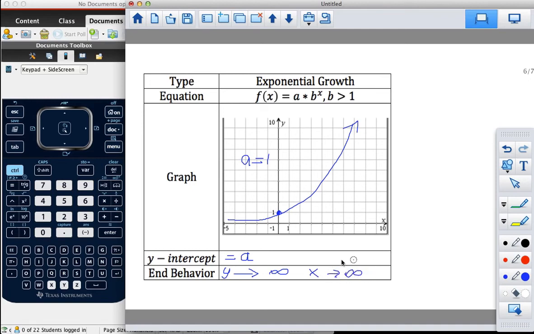We really haven't talked about this a whole lot, and we'll get into it much later in the school year, but for now, this says that on the right side of the graph, as you go this way on the x-axis, your graph is going to keep on going up and up and up forever. That's all we need to know.